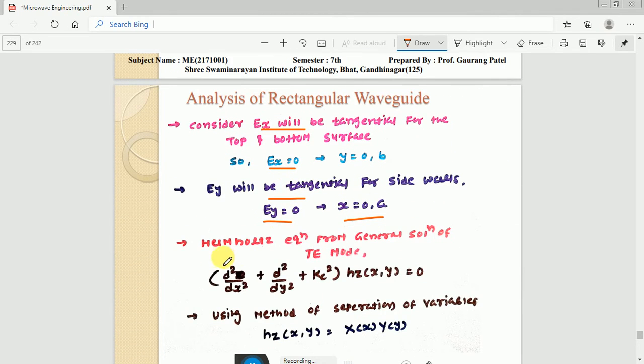Now using the Helmholtz equation from the general solution of TE mode, which we derived in the last lecture, it is del square by del x square plus del square by del y square plus kc square into Hz(x,y) is equal to 0, where kc is the cutoff wave number.